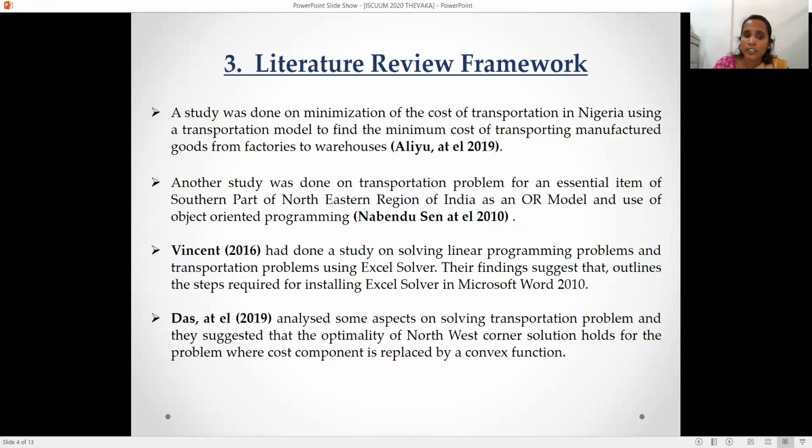Some authors use different computing techniques, some using Lingo or similar software. We found that recently one author used the Excel solver method for solving the transportation model. So we caught the idea. We used that technique to find the solution for the National Water Supply and Drainage Board.